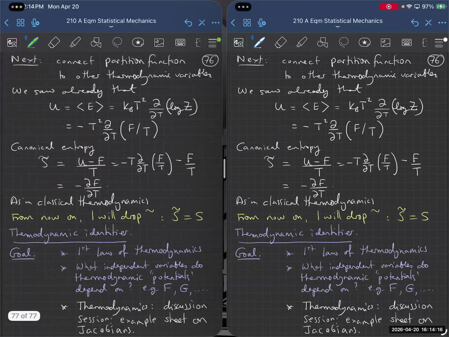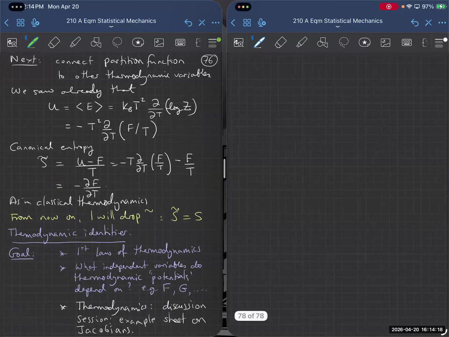They can be used to simplify calculations, and that's the best way to do it. So I'm not going to do it in class. For those of you who are interested, you're welcome to work on that in the discussion session. Okay, so let's get started.